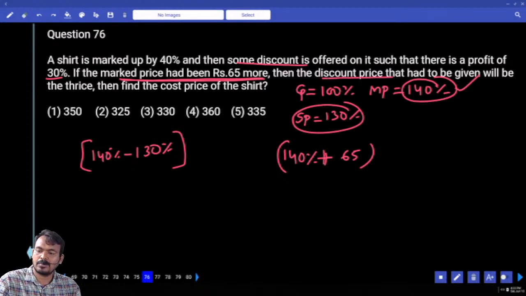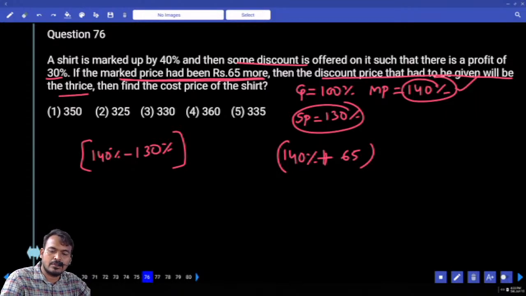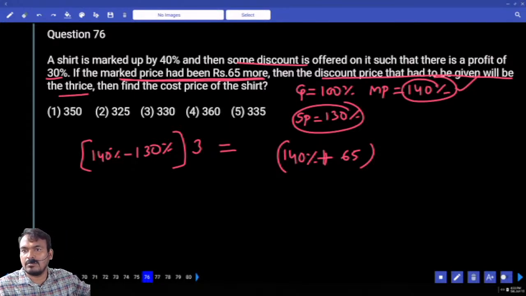Then the discount that has to be given will be thrice, means compared to the original discount, the new discount is how many times? 3 times. What is the original discount? 140 minus 130. Compared to that one, how many times? 3 times. 3 times the original discount equals the new discount. New discount means we write market price minus selling price, minus 130%.